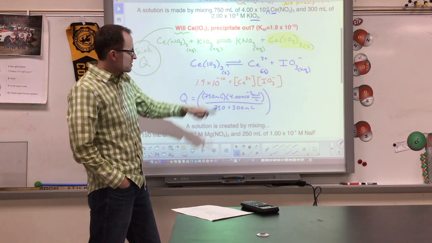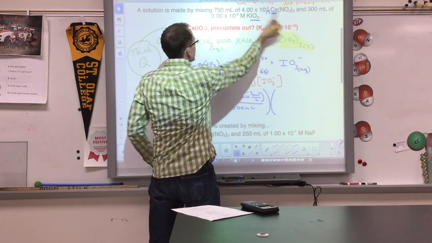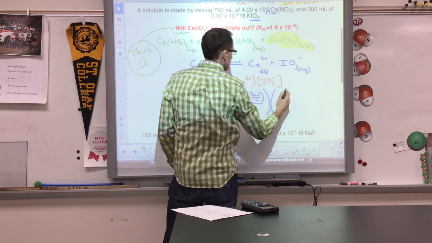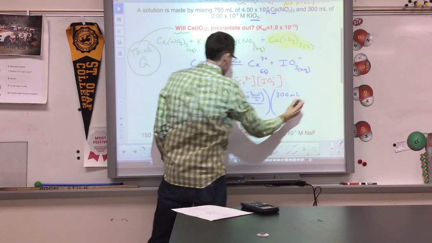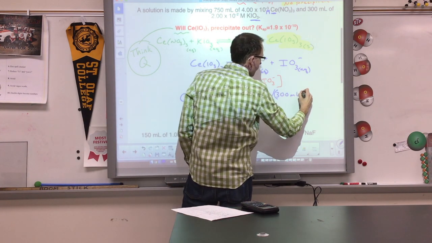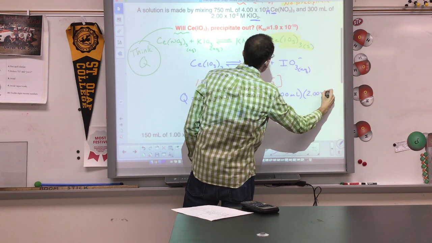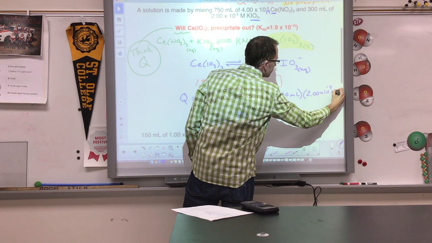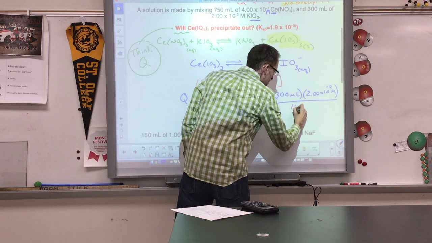All right, so that's of the Ce. Let's do the IO3 minus. So same concepts. You're going to take the volume. So I'm going to take 300 milliliters, multiply it by the molarity, and I'm going to put it over the total volume.